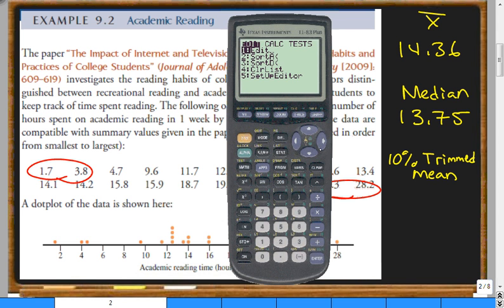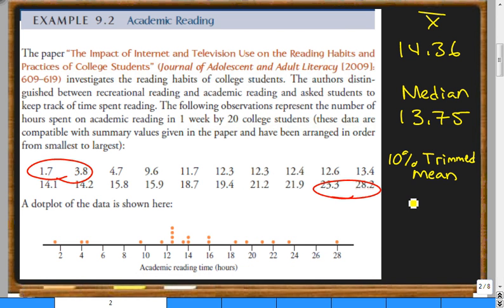So now we go back and we're going to run our one variable statistics again, and we have a mean of 14.38. Okay, so actually very, very similar to what our sample mean was. So all of these different ways to calculate the mean or to estimate the mean are good.